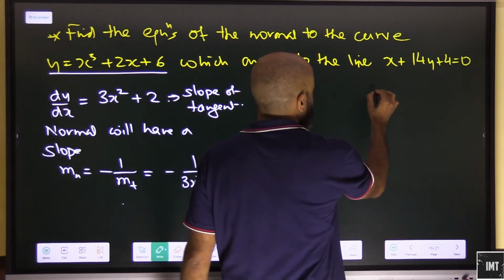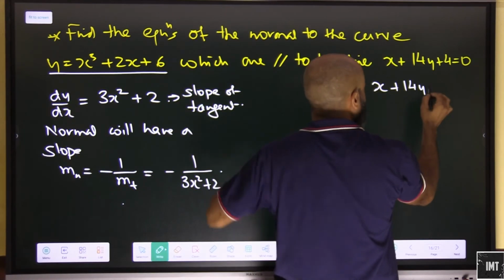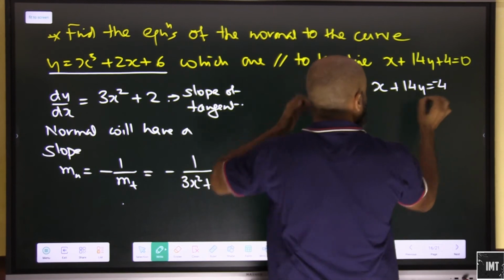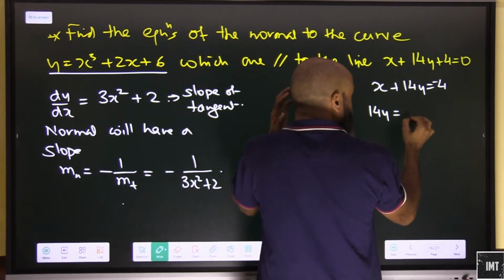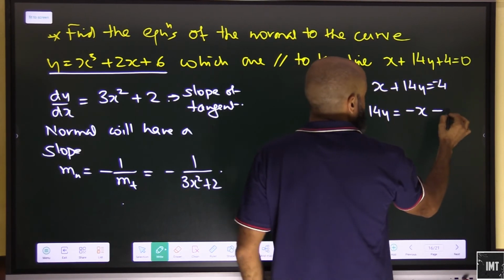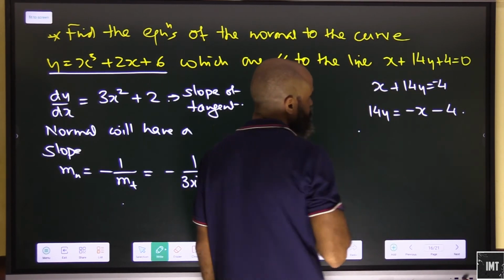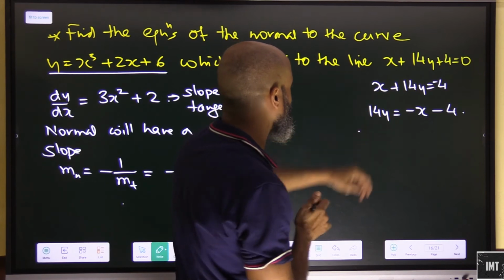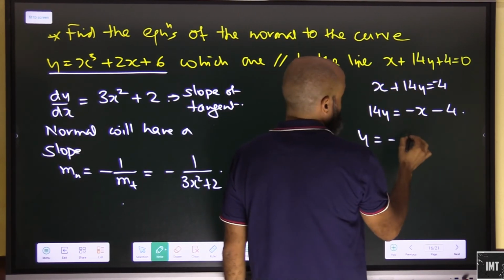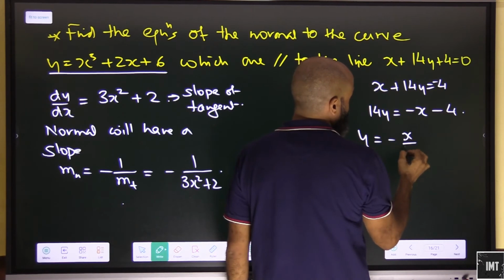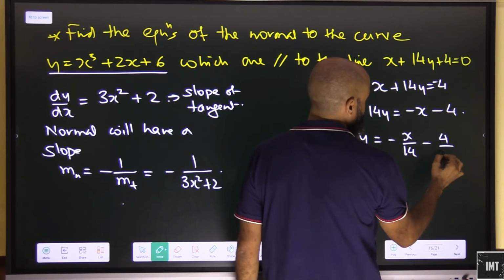Now look at this line, x plus 14y is equal to minus 4, or 14y is equal to minus x minus 4, or y is equal to minus x by 14 minus 4 by 14.